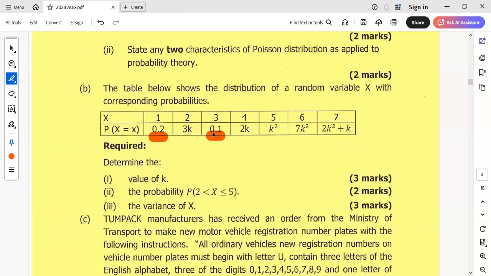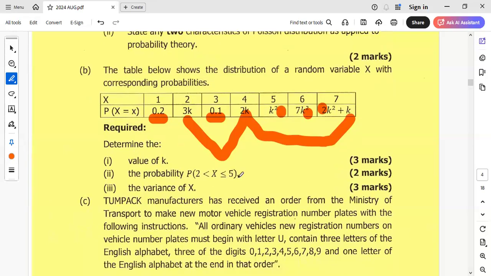If you get 0.2 plus 0.1, you get 0.3. Are you okay now? Yes, thank you. Then the other ones: 3k plus 2k plus k, you get 6k. Then deal with k squared, where you have k squared, and collect like terms. I believe after that, you will be in a position to answer this.